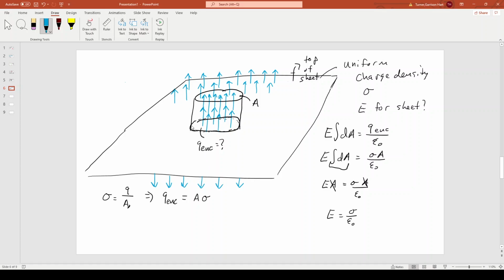So if I let this cylinder extend through the sheet so that if I drew my sheet completely edge on, then I would have field lines that went like this.